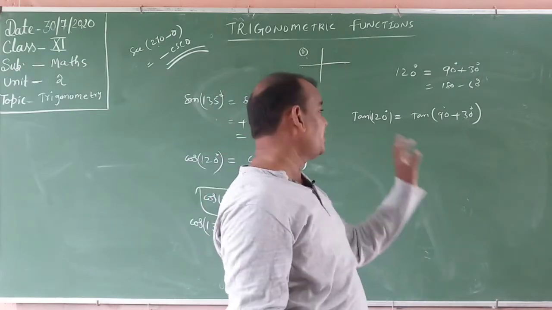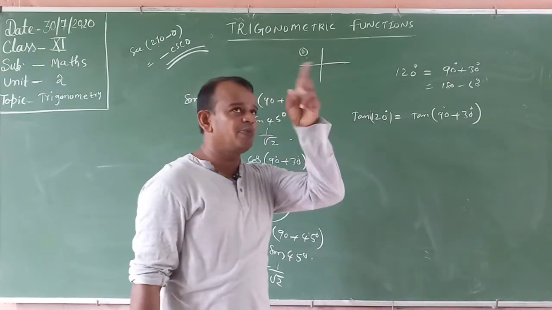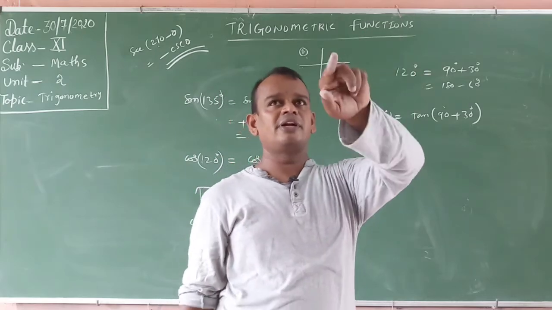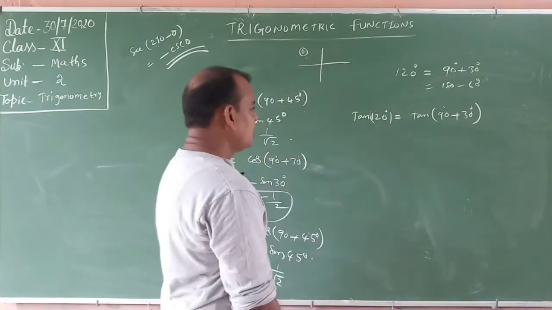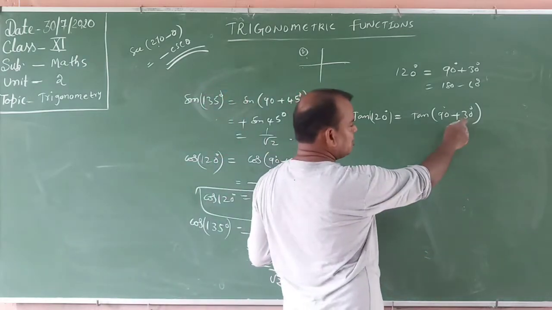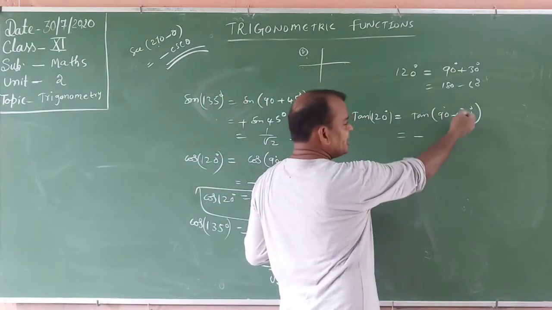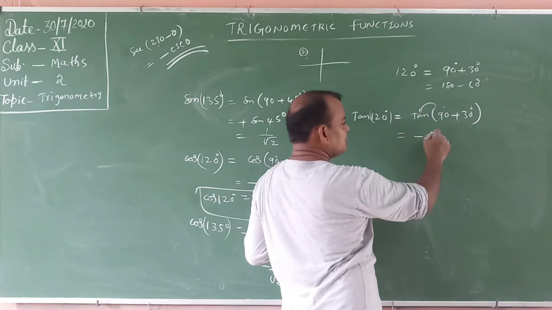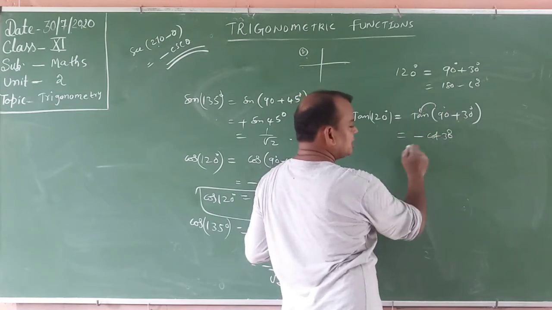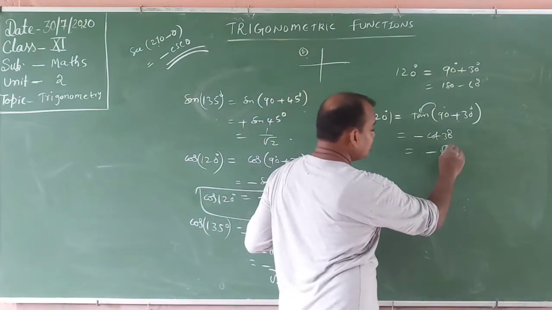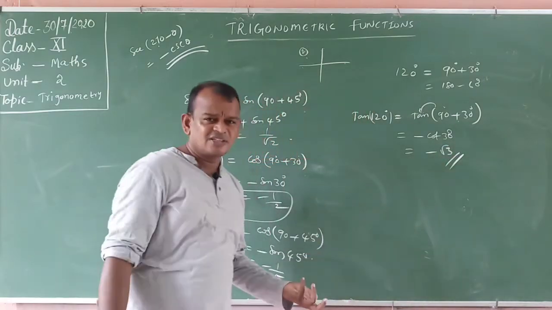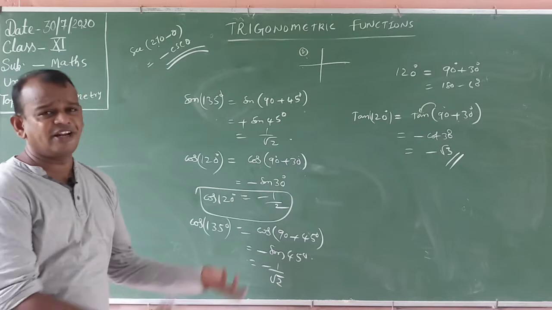Keep in mind 120 is in the second quadrant, so 90 plus theta or 180 minus theta. We will write in that way only. 90 plus theta, which quadrant? The second quadrant, where tan is negative. Since 90 plus theta is there, tan will be changed into cot 30, which is tan 60, root 3. Simple, you will find any value.